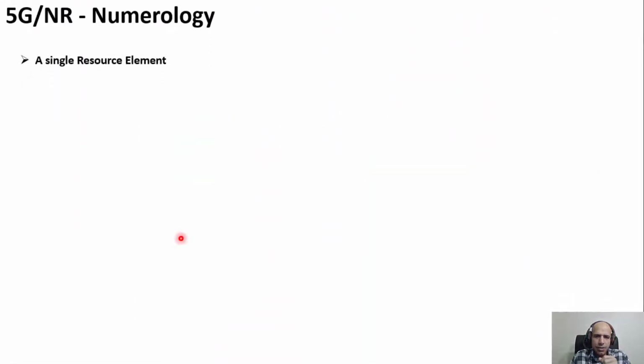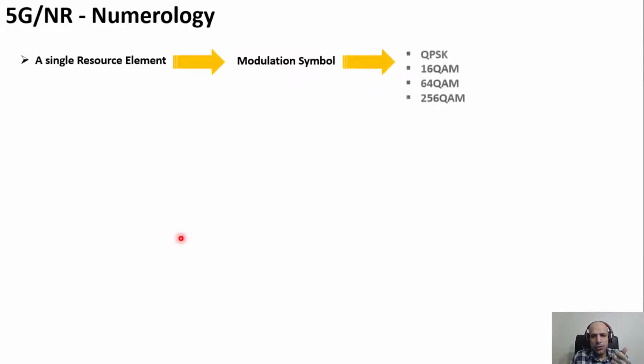A single resource element can accommodate a single modulation symbol. For example, the single resource element could be used to transmit a single QPSK, 16 QAM, 64 QAM, or 256 QAM modulation symbol.